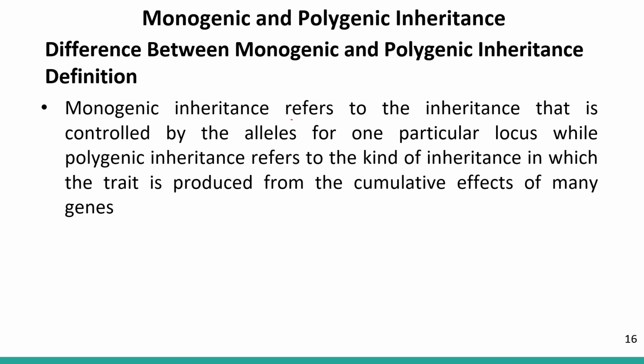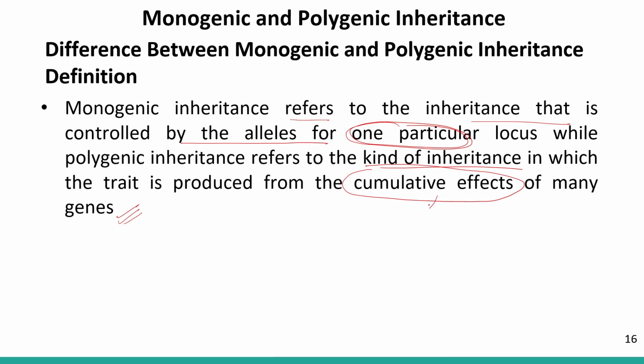Monogenic inheritance refers to the inheritance that is controlled by the allele for one particular locus. If we compare it with polygenic inheritance, it refers to the kind of inheritance in which the trait is produced by the cumulative effects of many genes.